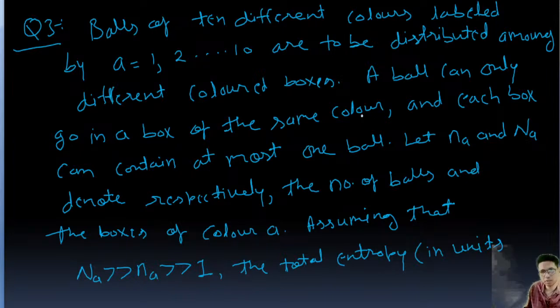If the ball is red, then it will go in a red box. If it is green, it will go in a green box. So if a ball has color one, it will go in a color one box, not a color two box.